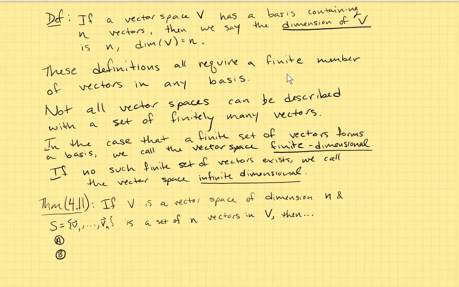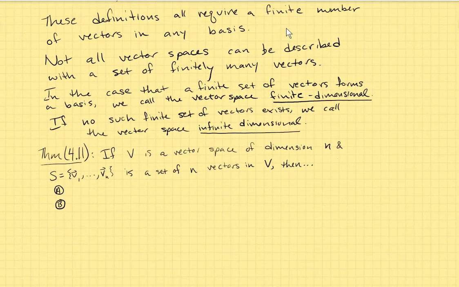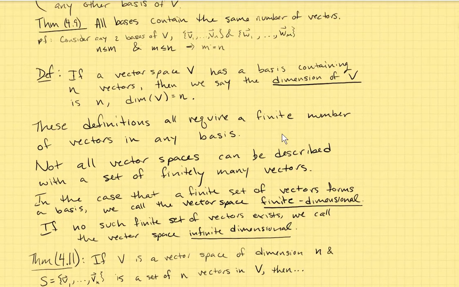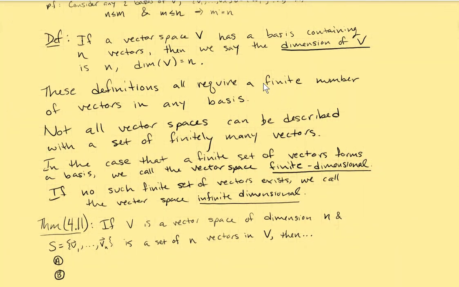Let's look a little bit further here before we get to an example. All these definitions we've looked at, if you remember all the way back to the definition of a basis, required a set containing a finite number of vectors.